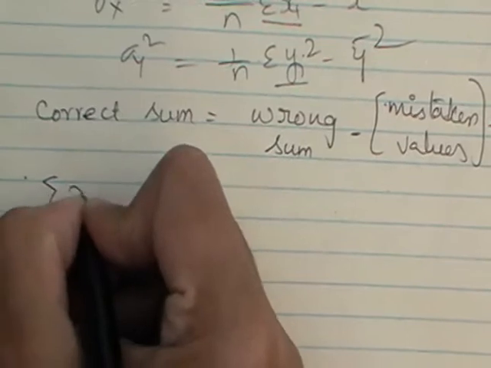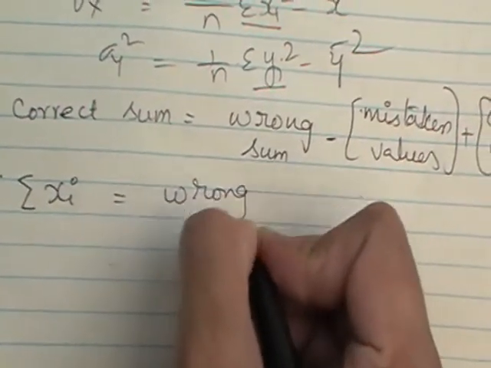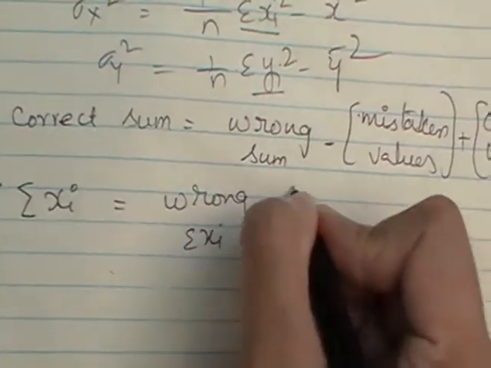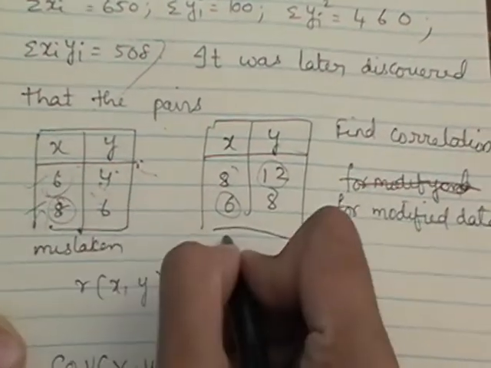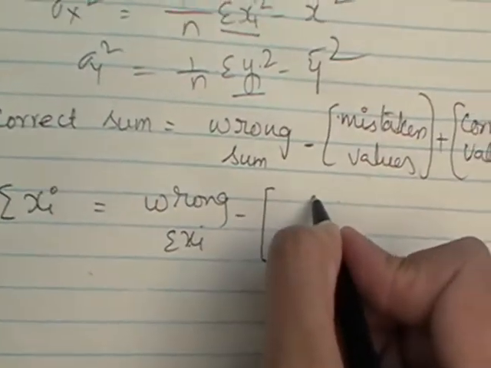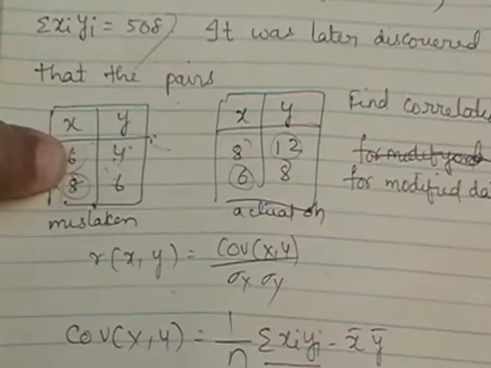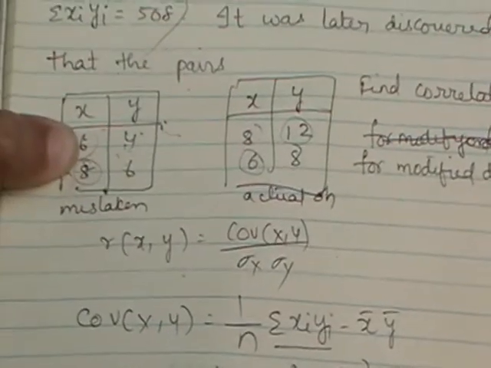So let us see how to calculate. Correct sigma xi is the wrong sigma xi minus the mistaken observations. These are mistaken, am I right? These are the actual observations. So the x mistaken values are 6 and 8.